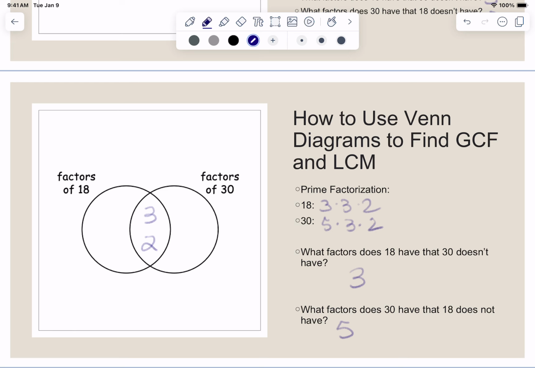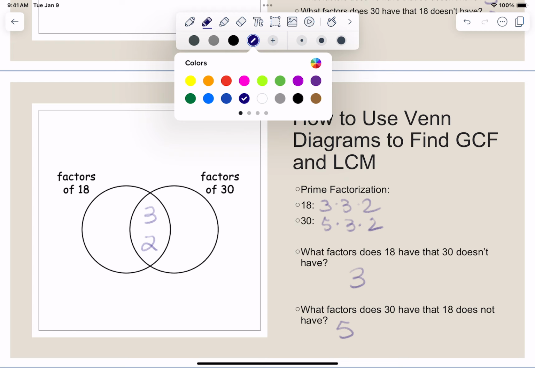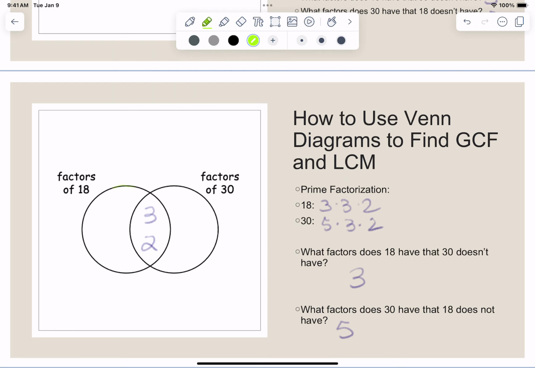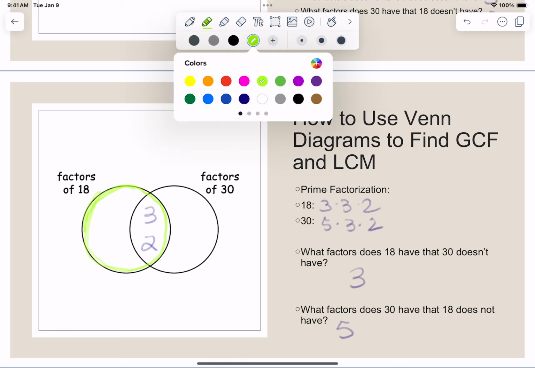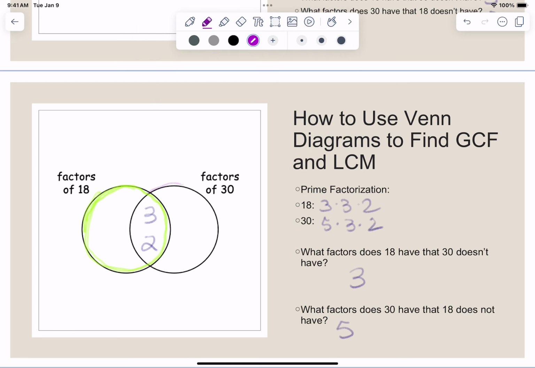Okay. So when we're looking at our circles, this circle here are all the numbers that multiply together to make 18. And this circle here, when I multiply all these numbers together, they're going to multiply to 30.